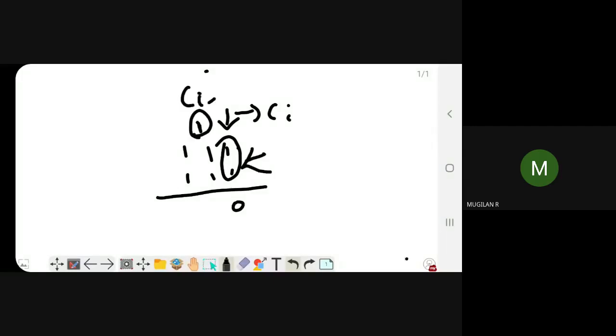For this LSB, for this present state, this carry is the Ci plus 1, that is the next state carry. Ci is the present state carry for adding the least significant bit, and Ci plus 1 is the next state carry. Have you understood? Students, were you able to understand or not? Yes, ma'am. Okay.